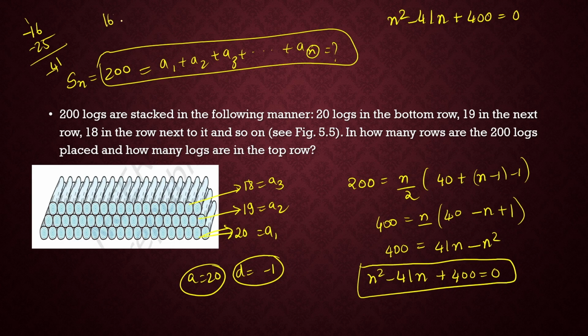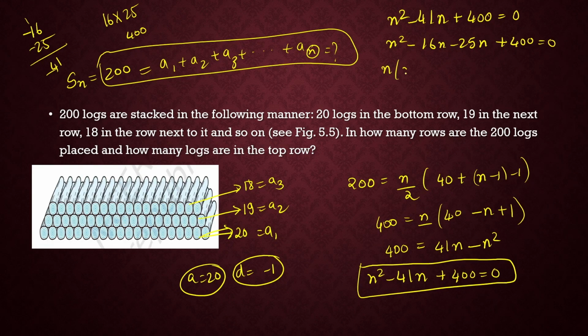And if I take the product of 16 into 25, that is going to be 400. So this will satisfy the case. So I'll take n square minus 16n minus 25n. Hope you all know splitting middle term method. Plus 400 is equal to 0.